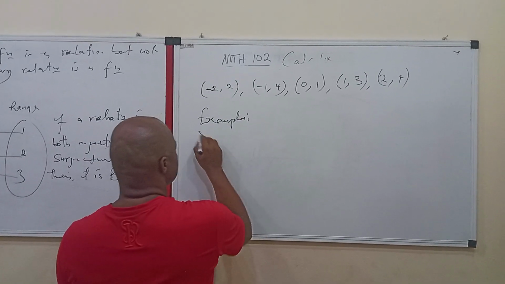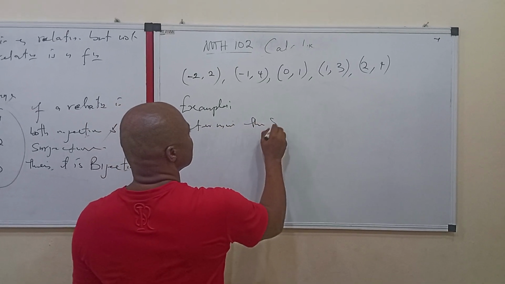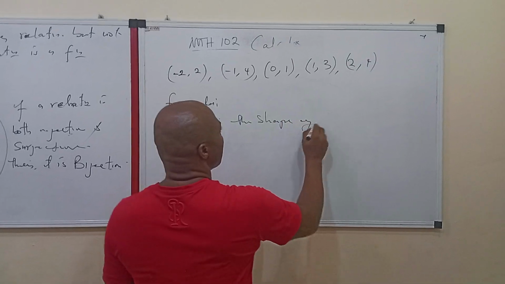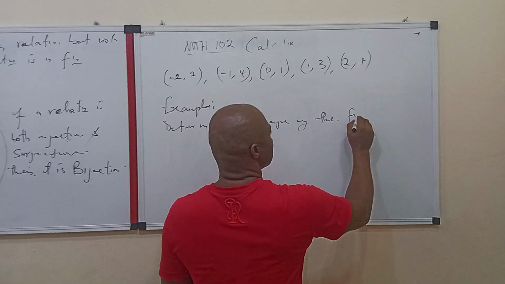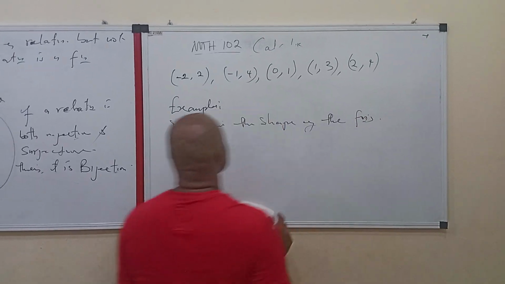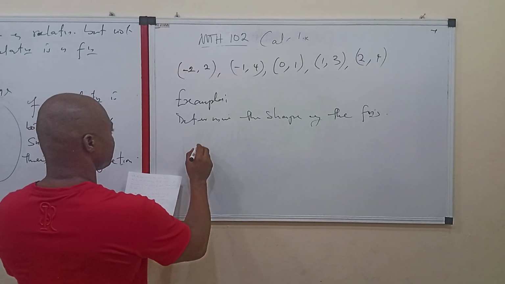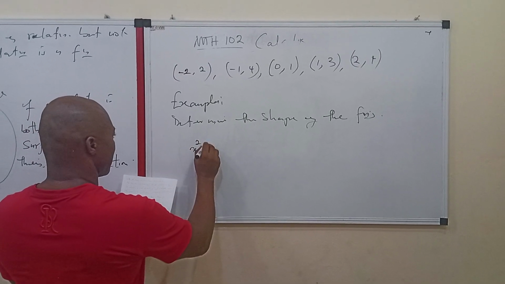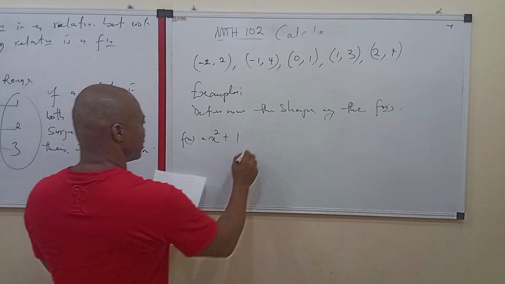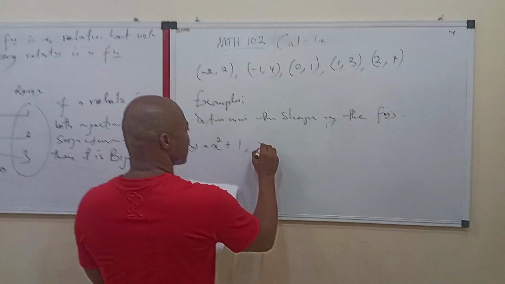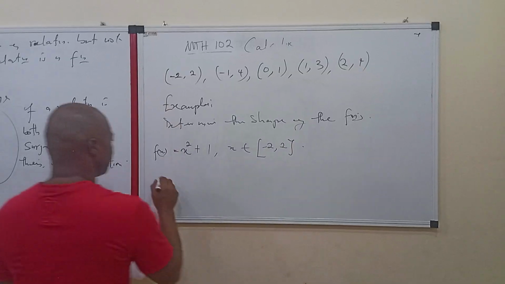Example: determine the shape of these functions. Number one, we have f of x is equal to x squared plus 1, where x is in the domain minus 2, 2.